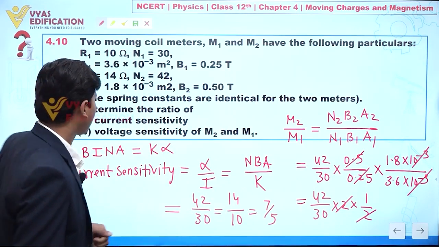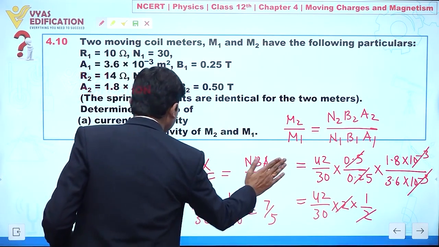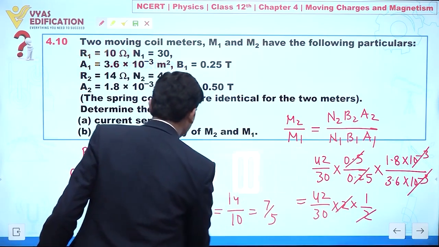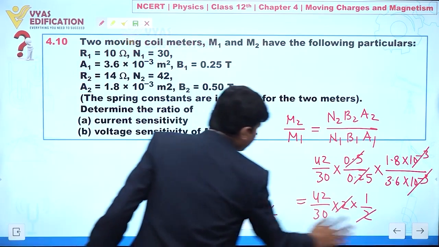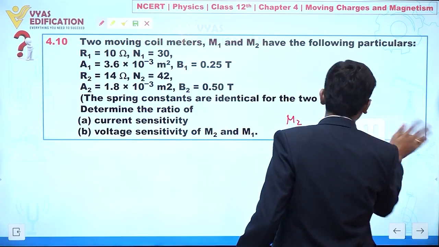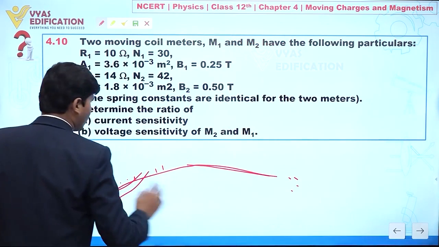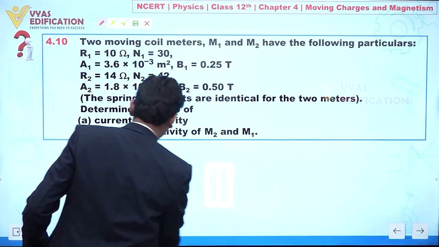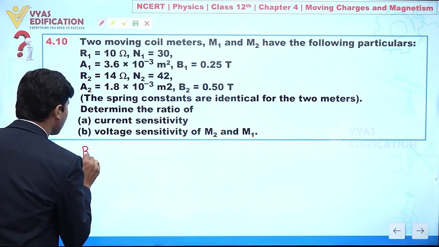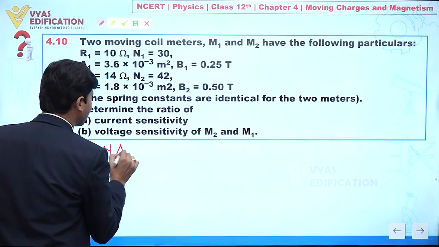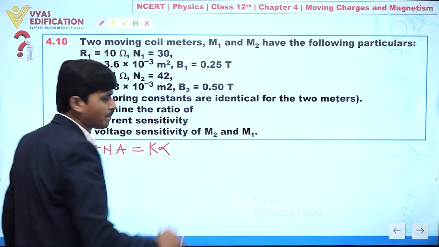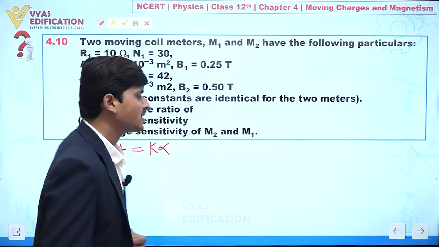Clear to everyone? Now if I find voltage sensitivity, listen carefully. Voltage sensitivity: first, the expression is BINA equal to K alpha. Voltage sensitivity is defined as alpha divided by V, that is deflection per unit voltage. Now alpha by V we can also write with V equal to I multiplied by R. So alpha upon I is the current sensitivity.